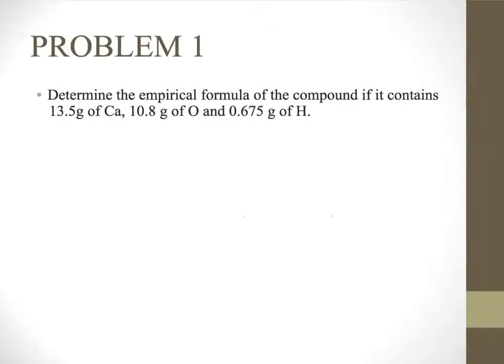So let's look at problem number 1. In problem number 1, we are trying to find the empirical formula for the compound that contains 13.5 grams of calcium, 10.8 grams of oxygen, and 0.675 grams of hydrogen. So those are our given. So let's first find out what is the number of moles for calcium, oxygen, and hydrogen.